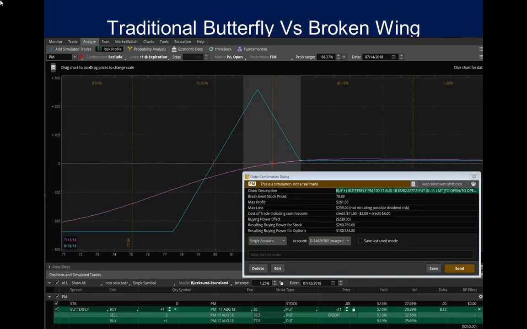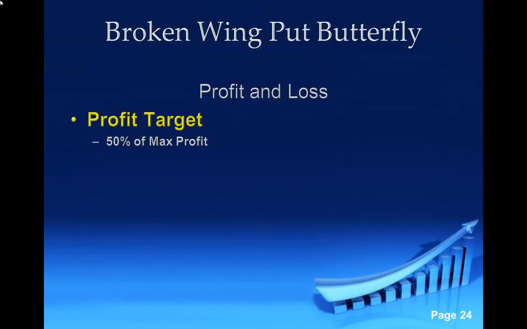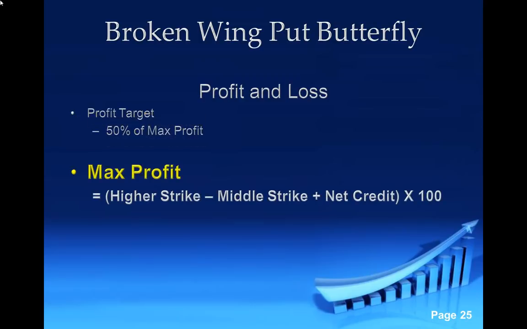Okay, so just know that. All right, so our profit target is 50% of max profit. If I'm able to collect $5 for this strategy, then I'm going to be looking to get out at $2.50, which would be 50% of my max profit, right? How do we figure out our max profit, though? You take the higher strike minus that middle strike plus the net credit.